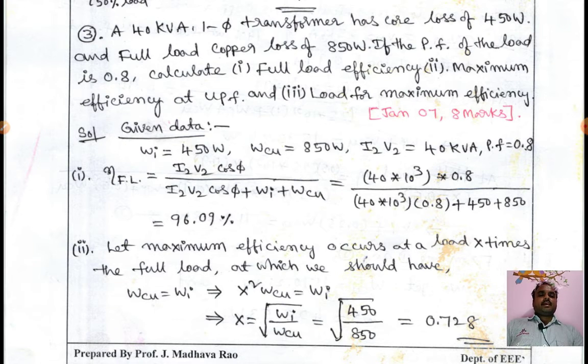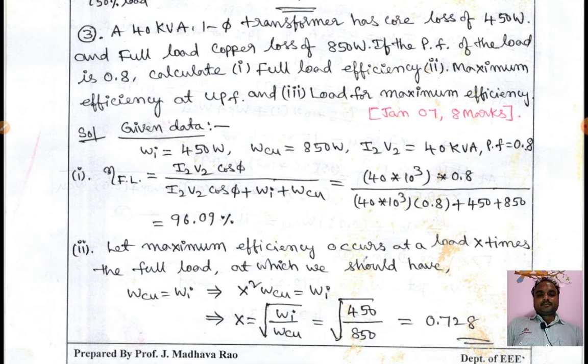If the power factor of the load is 0.8, calculate first one full load efficiency, second one maximum efficiency at UPF, and third one load for maximum efficiency. Load for maximum efficiency means at which load you will get maximum efficiency from the transformer. That load value we have to find out, right?